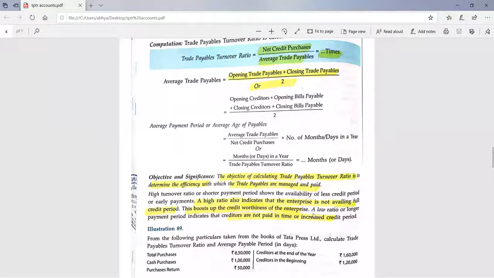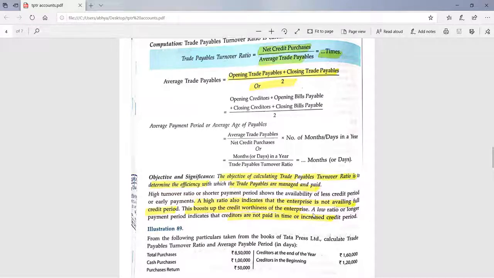So a higher debtor turnover ratio is good, but a lower trade payable turnover ratio is good, vice versa, because in trade receivable turnover ratio we will be getting the payment, and in trade payables turnover ratio we will be making the payment. Getting the payment fast is important, and making payment late is important, because we will be able to use that money for a longer period if we are not returning it to the creditors. So the lower ratio is better, not the higher ratio.